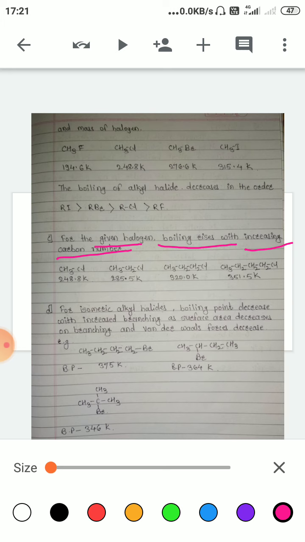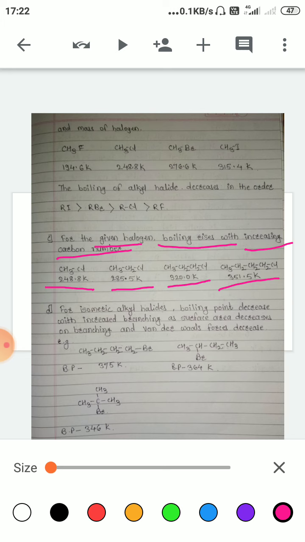That means as the number of carbon atoms in the alkyl group increases, the boiling point of alkyl halides goes on increasing. First consider methyl chloride, ethyl chloride, propyl chloride, butyl chloride.